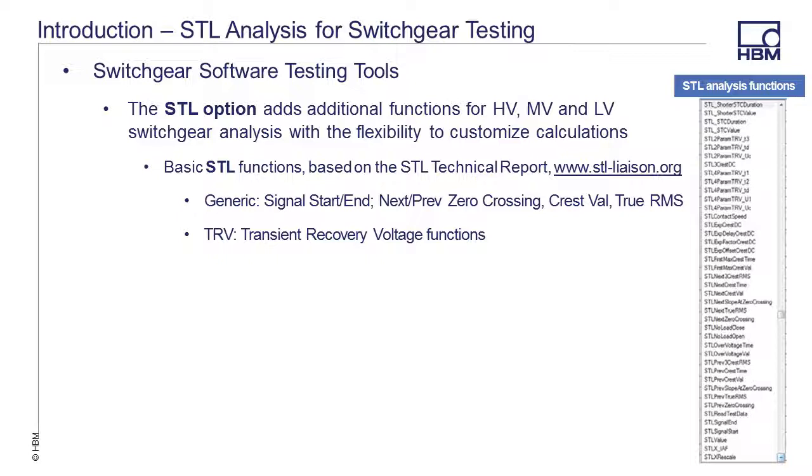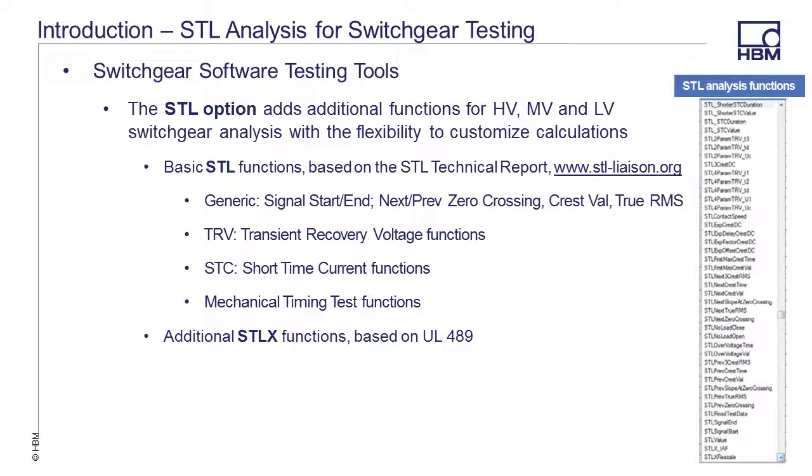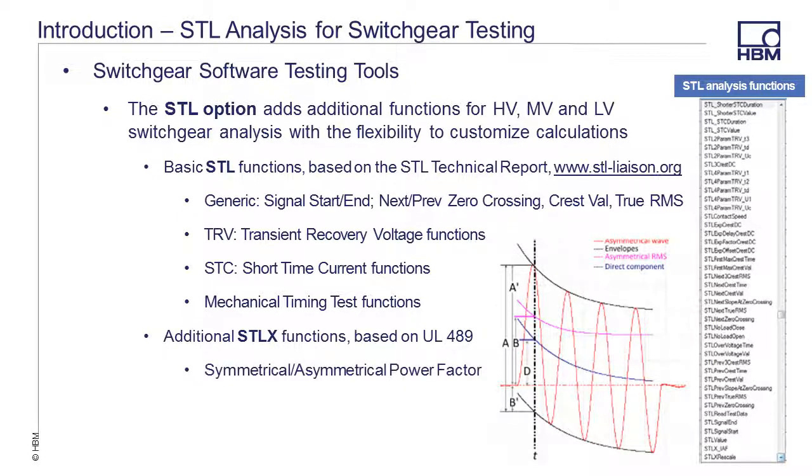TRV functions are transient recovery voltage functions. STC, or short time current functions. And mechanical timing test functions. Now, we've also added STLX functions based on UL 489, and these include symmetrical asymmetrical power factor functions, as well as functions for crests, frequency, and envelopes.